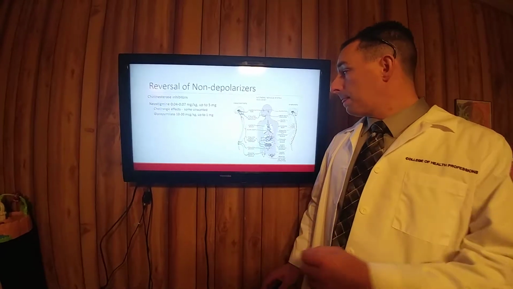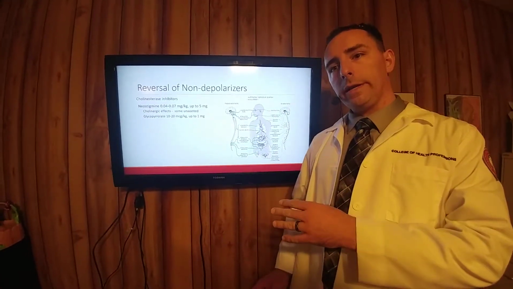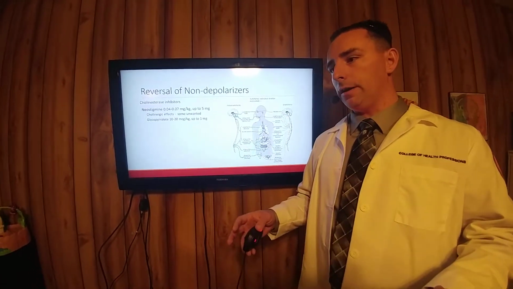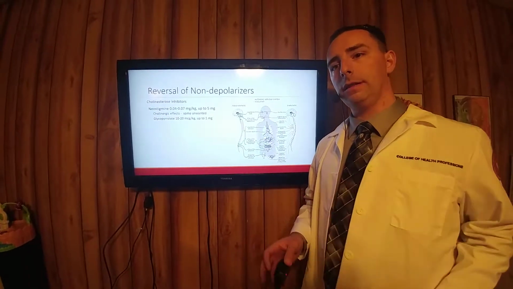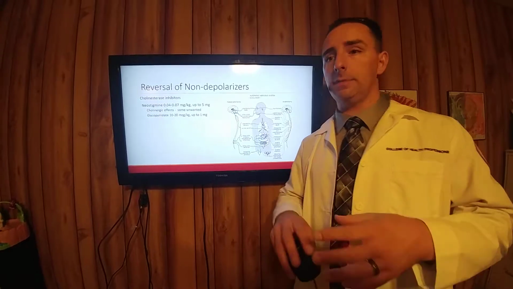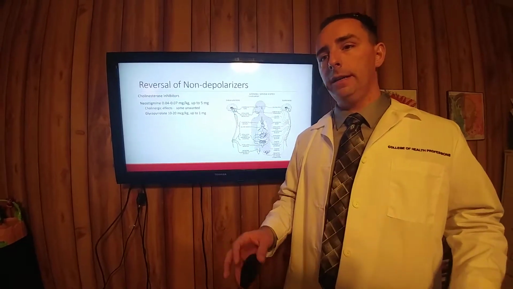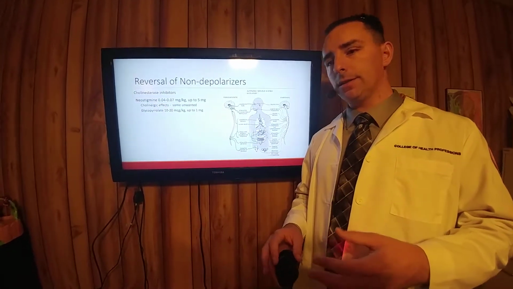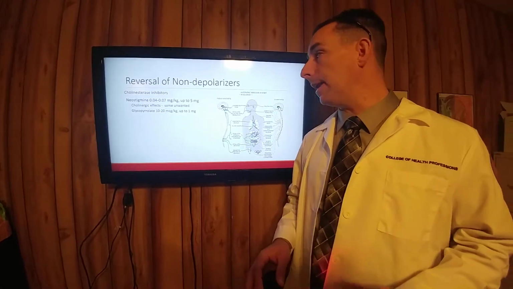Now, reversal. So if the acetylcholine is still just kind of floating around there, but it can't get to the locks, we give medications called cholinesterase inhibitors to make it so there's more acetylcholine. And that can actually make it so that it can get to the locks a little bit better.